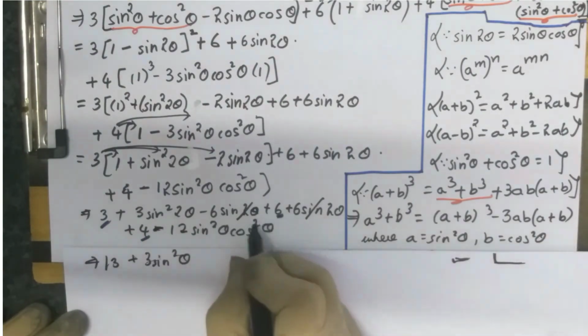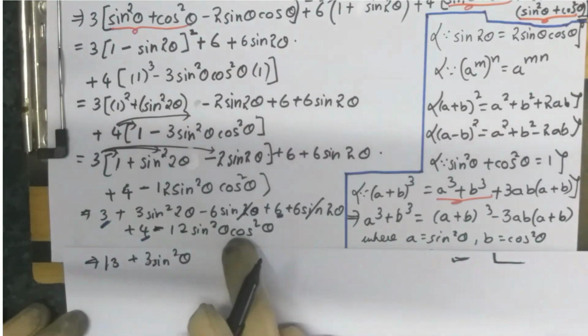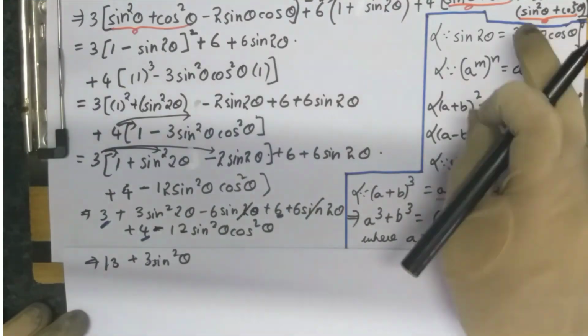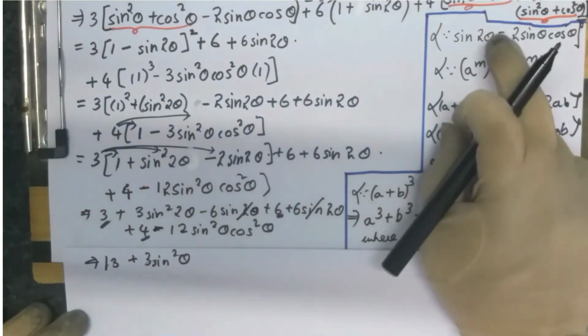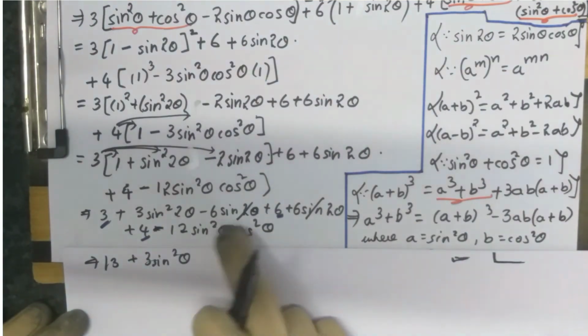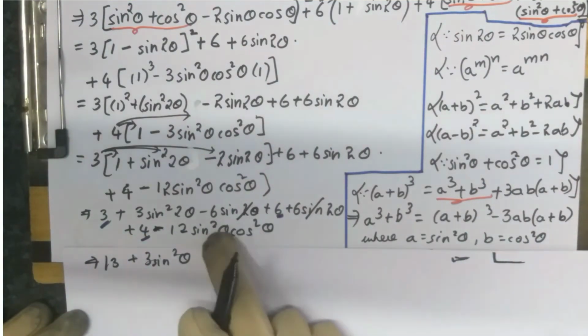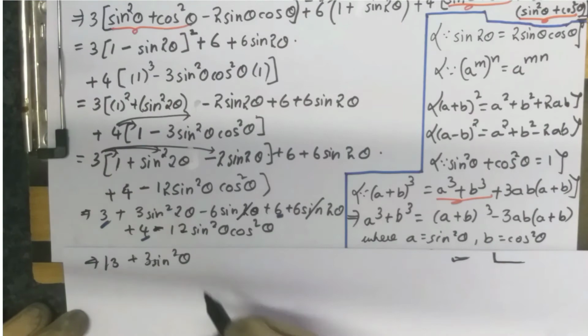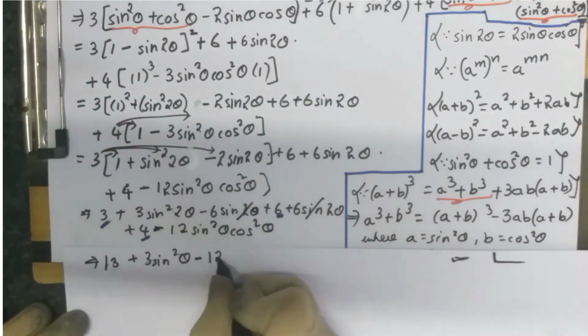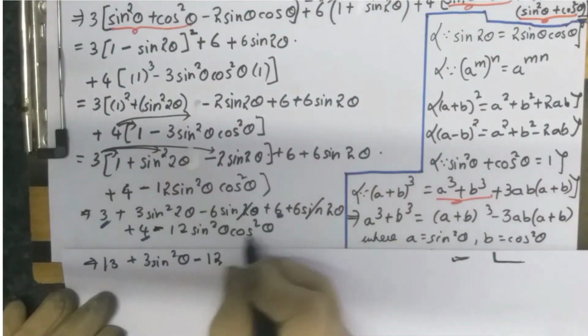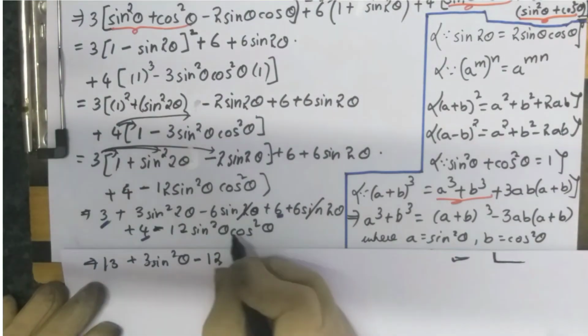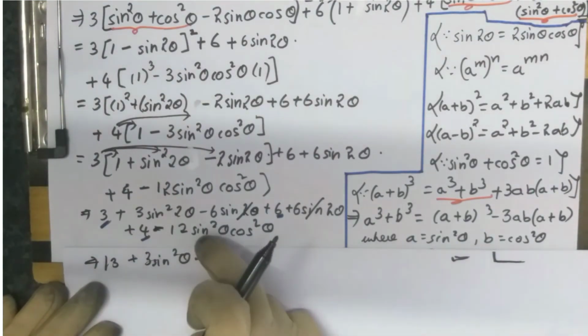Now here we have square. What is our general formula? 2 sine theta cos theta is sine 2 theta. But here we are having square, right? So what we can do? We can write this sine square theta cos square theta as you want, 2 sine theta cos theta, but here we are having square.